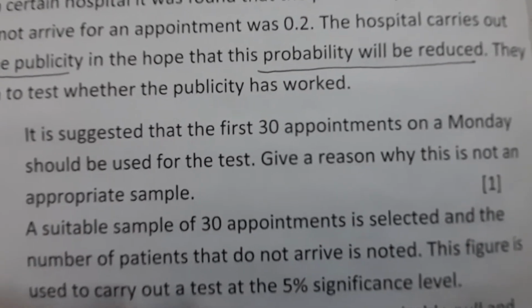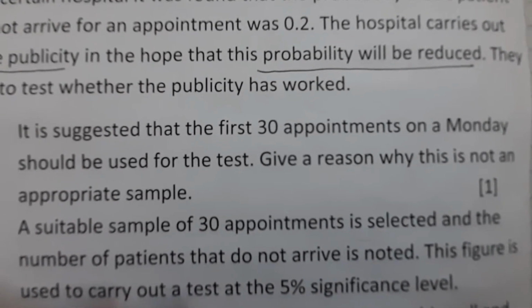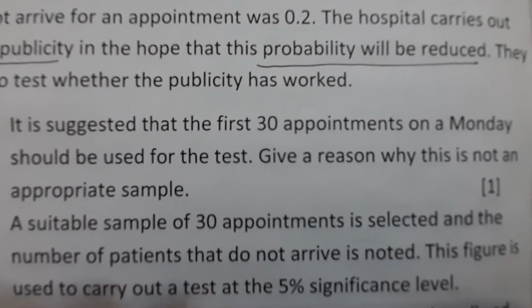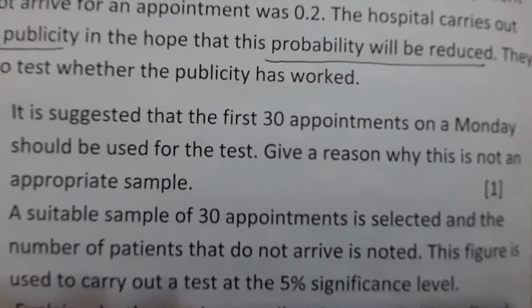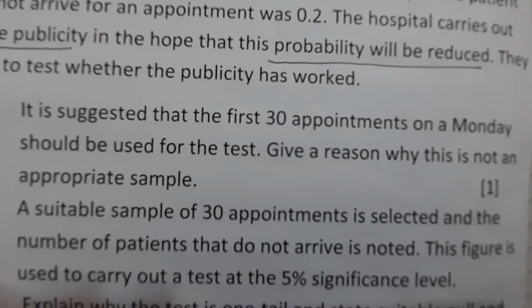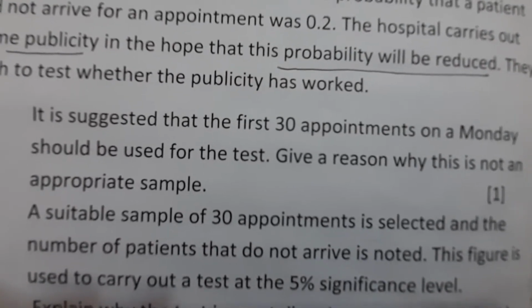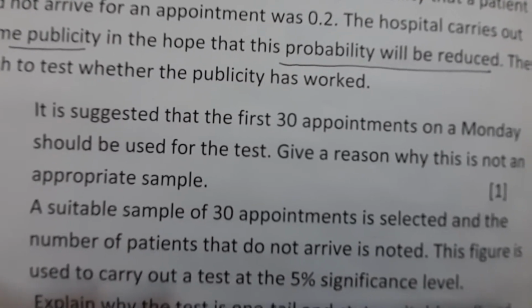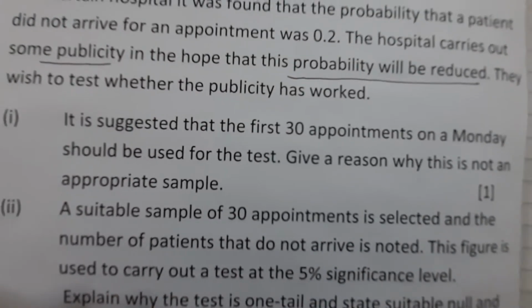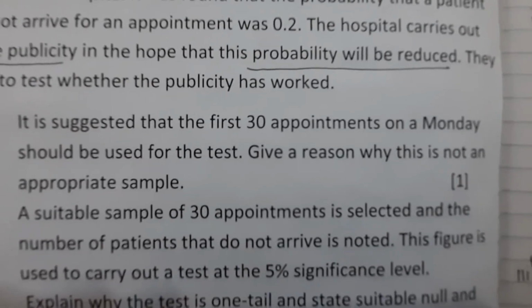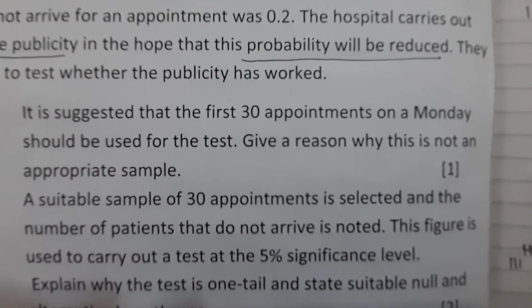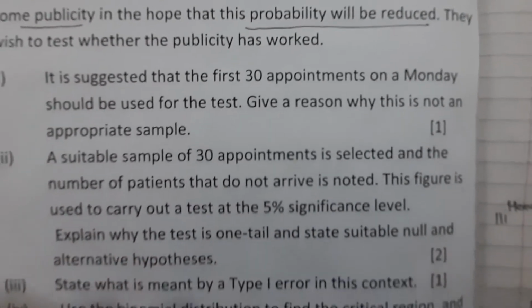If you are talking about only Monday, because Monday comes after the holiday, maybe the appointments are more there. So the probability will not be the same compared to the other days, or maybe later on the same day, right? So you can say the probability could be different on different days and other times on Monday. So that's why it is not an appropriate sample.